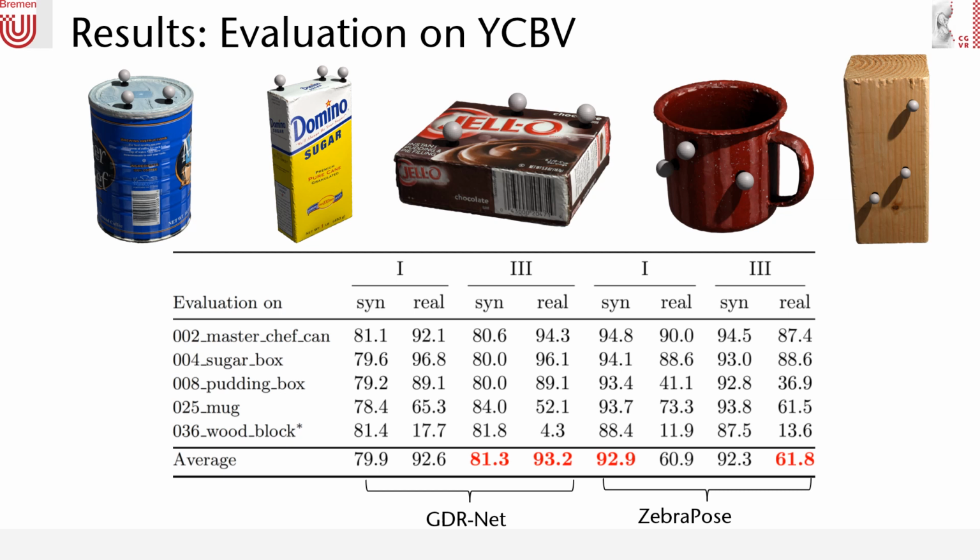We only compared marker inpainting with markerless images because marker inpainting was the most promising method. Next to GDRNet, we also used the second state-of-the-art network called ZebraPose. Taking a look at the red numbers, you can see that the results between marker inpainting and markerless images are comparable.